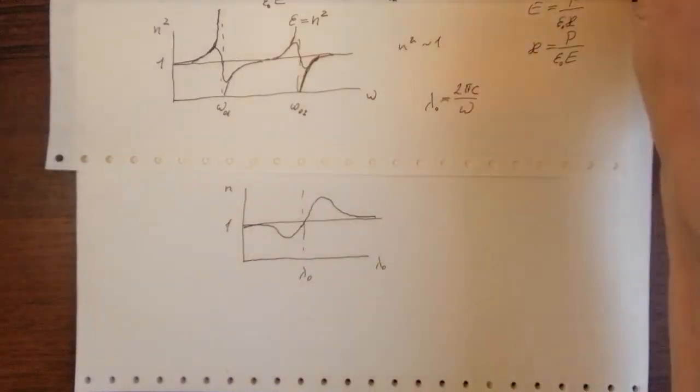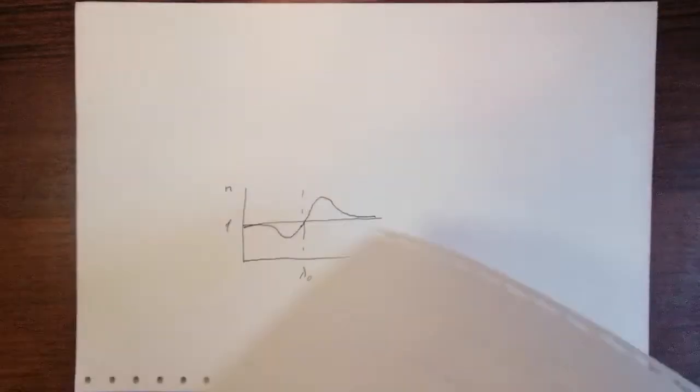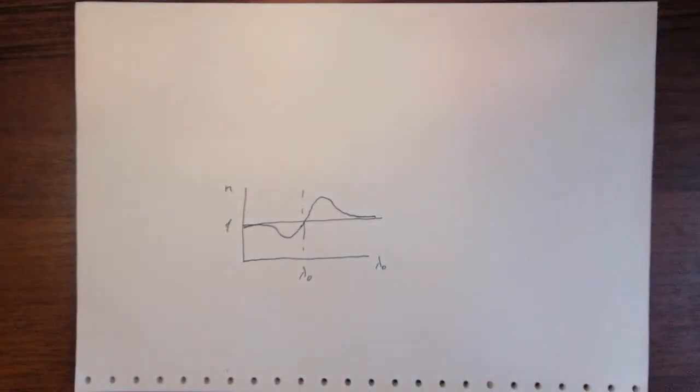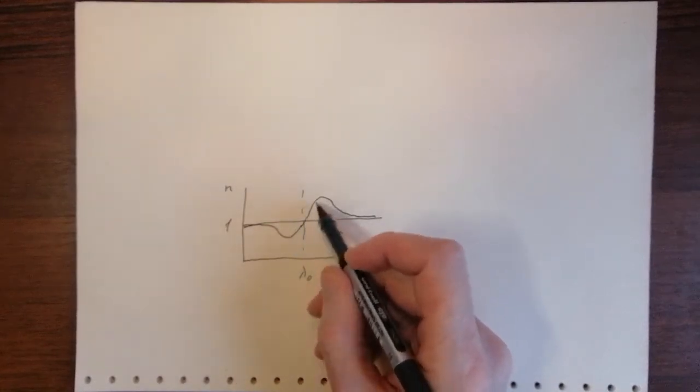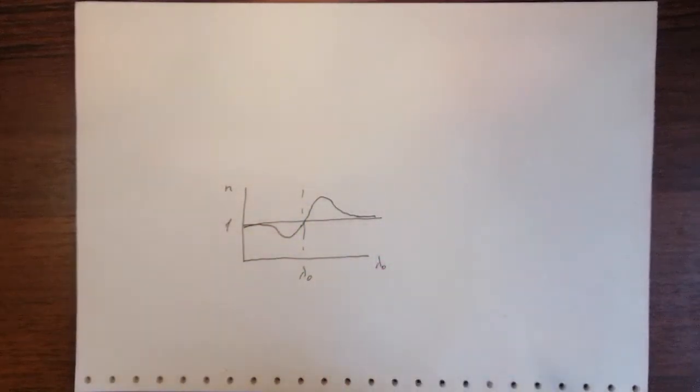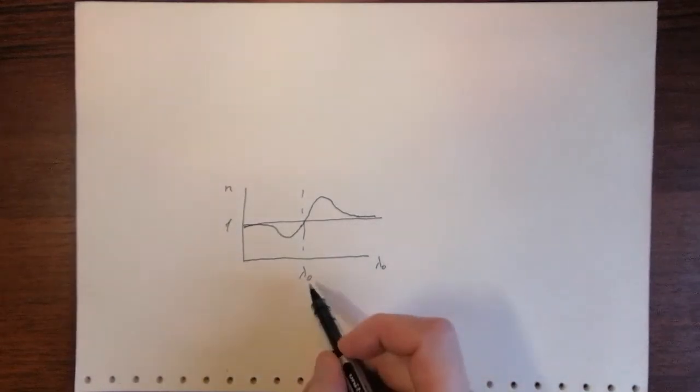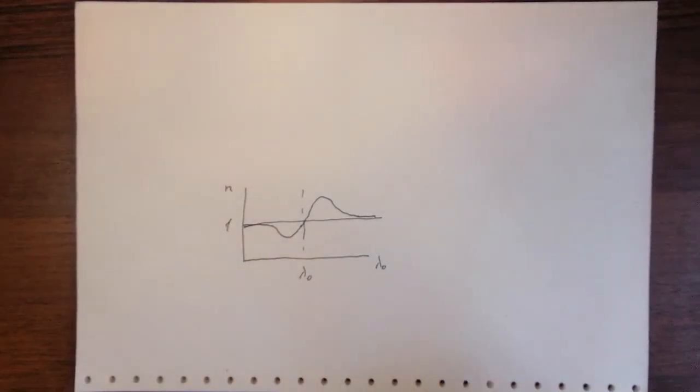And in the case of resonance, the absorption is very, very significant, and in this case this anomalous dispersion corresponds to the wavelengths at which strong absorption is observed.